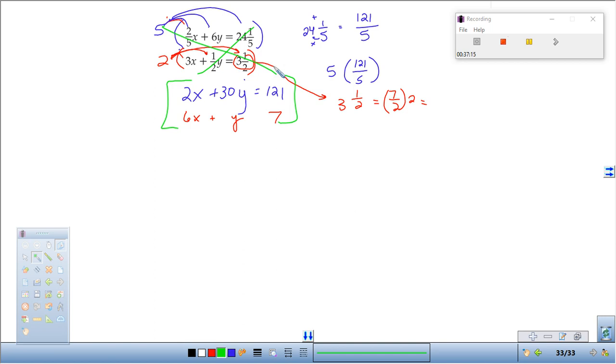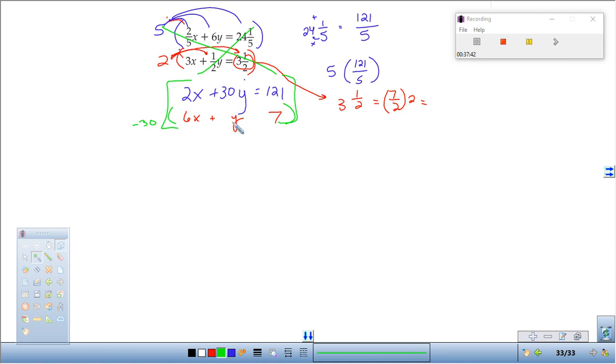30? Okay. So she's saying, Carly said, let's get rid of the y's, all right? So we're going to multiply this one times, I'm going to go, Carly, a negative 30. You could have multiplied this one by a negative 3. Cancel these out. Carly wants to get rid of the y's, so she's going to multiply by a negative 30.